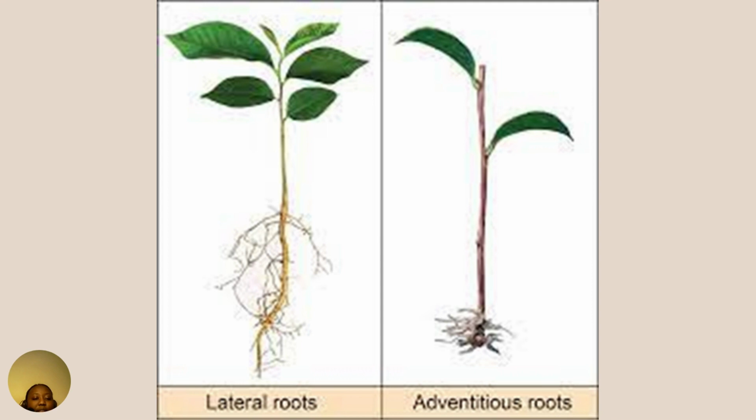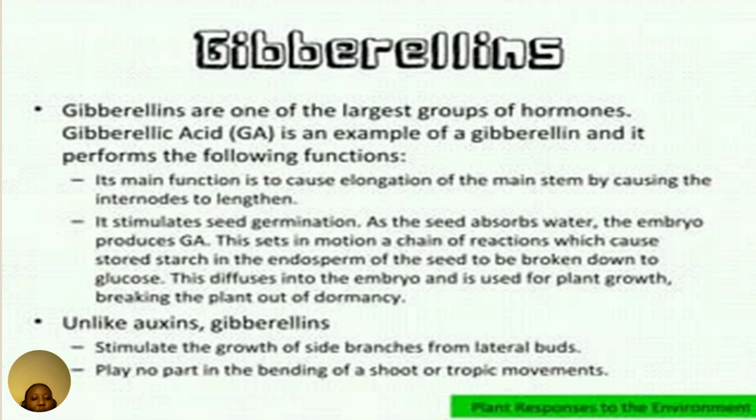Then there's a picture showing you the difference between lateral roots and adventitious roots. Adventitious roots grow because of the production of auxins. Then we move to another growth promoter, gibberellins.